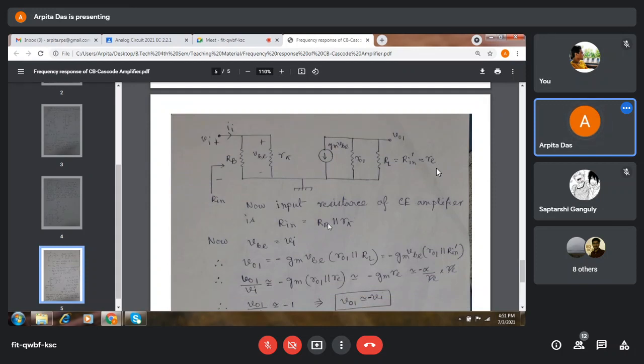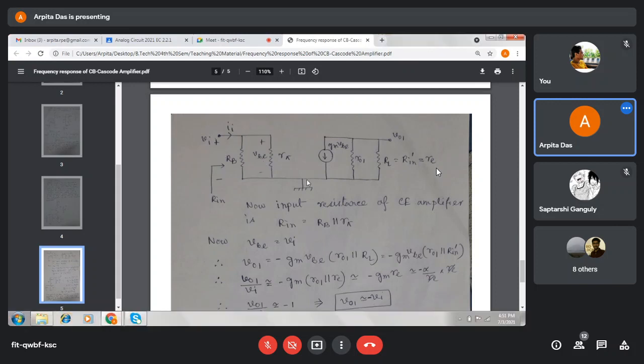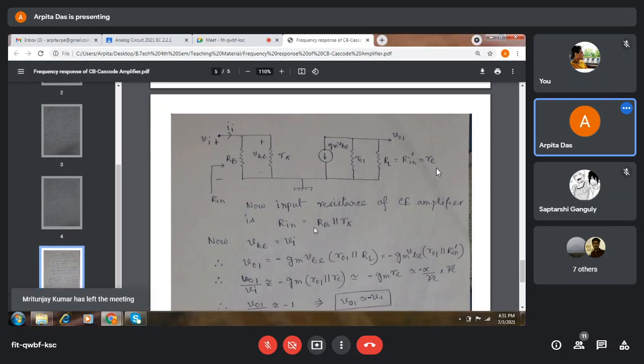Now, let us consider the value of the input resistance of the first stage amplifier. What is that? Rin is the parallel combination of RB and r pi. This is the input resistance of the first stage amplifier. Since they are in parallel, VB is the voltage drop across r pi, and Vi is the voltage drop at this node with respect to ground.